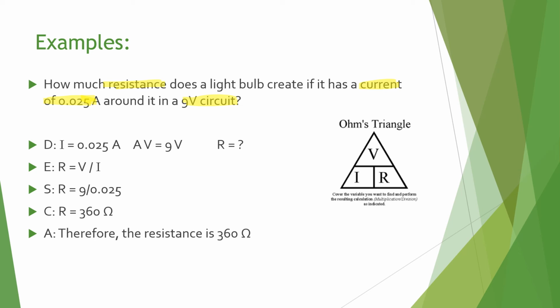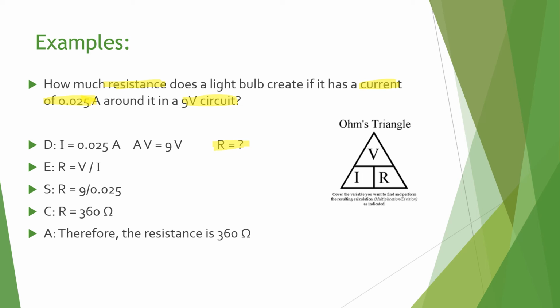In order to do these types of questions, guys, we're going to use DESCA. Remember, DESCA is data, equation, substitution, calculation, and answer. We're going to go step by step. Data is writing down what we have. Remember, use your units to help you, as well as keywords. It says how much resistance, so we know we're trying to figure out R.